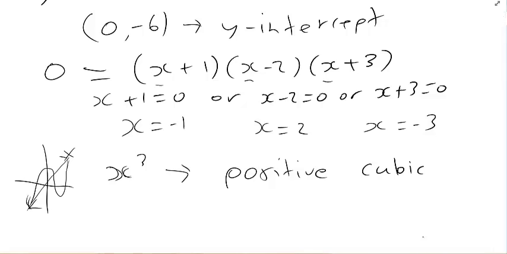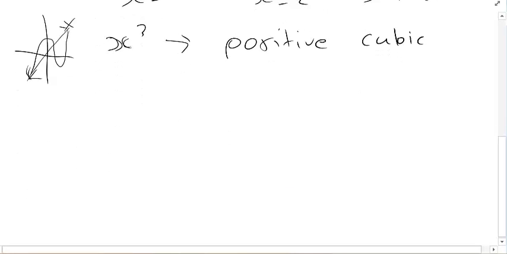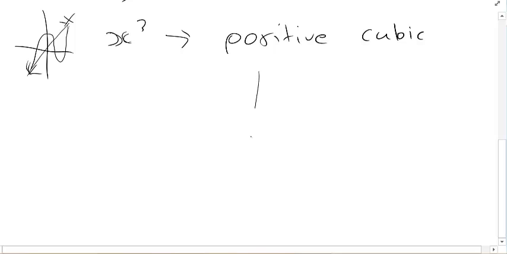So I have my x-intercepts, I have my y-intercepts, so now let's see if I can draw some kind of sketch. My y-intercept was way down at negative 6. I had an x-intercept at 2.